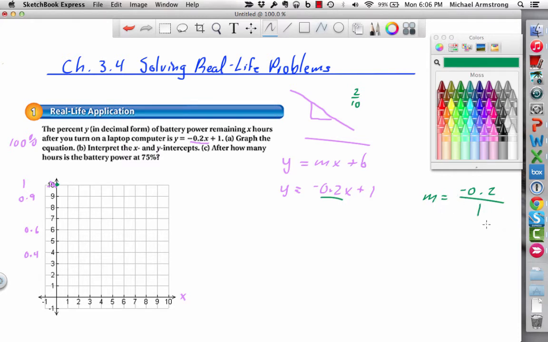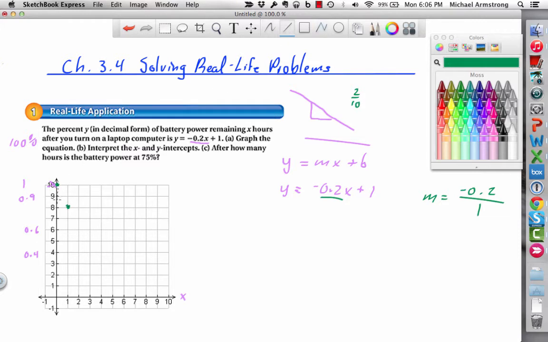It's over 1. So my run is going to be 1 each time, and my fall is going to be 2/10. So this is 1/10 and this is 2/10. So I'm going to go down 2 and over 1. Hopefully that makes sense. Because it's a real life problem, you sometimes get yourself into these situations where you're using decimals instead of nice easy numbers. But we go down 2 and over 1.